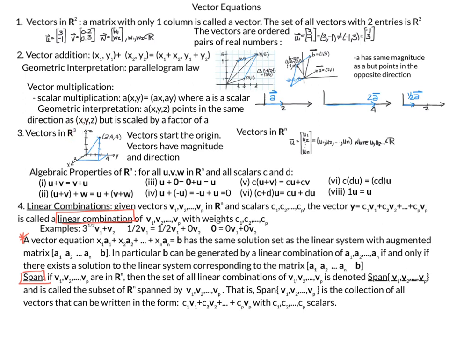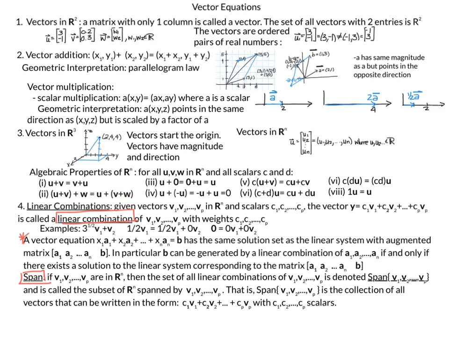We talked about how to draw vectors in R3, and then we talked about representing vectors in Rn. It's just an n-dimensional vector, n rows, one column. We had algebraic properties for Rn. So if u, v, and w are vectors in Rn and c and d are scalars, then addition is commutative, and we did the proof of this one. It's associative.